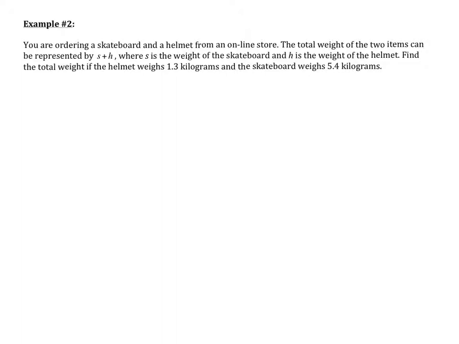So let's start with our algebraic expression. We were given S plus H for algebraic expression, and we're told that the weight of the helmet is 1.3 kilograms. So that means that H is 1.3 and the skateboard weighs 5.4. So that means that S is equal to 5.4.